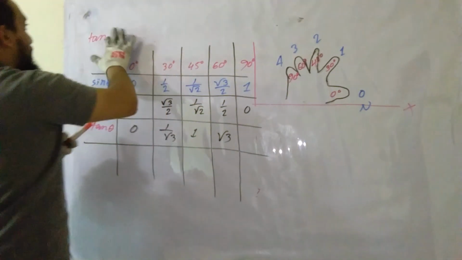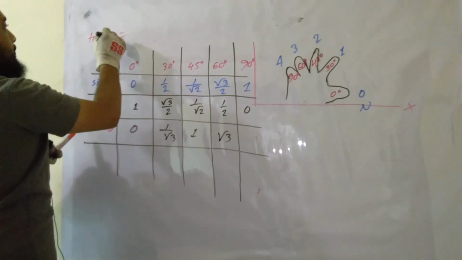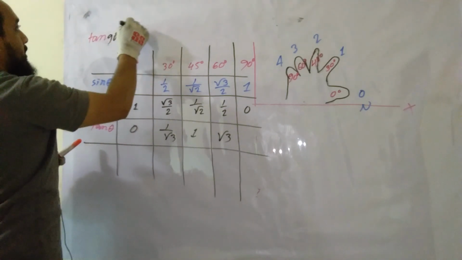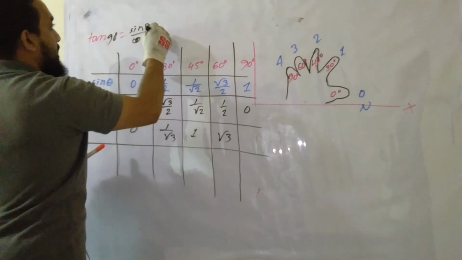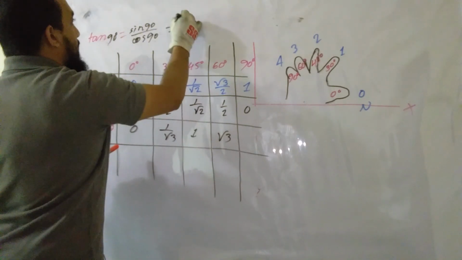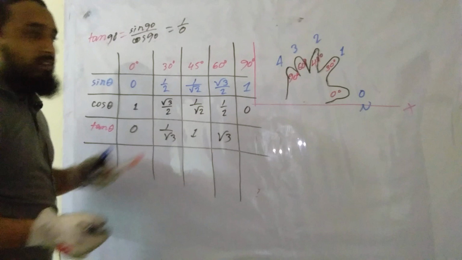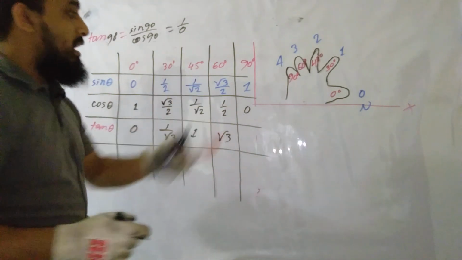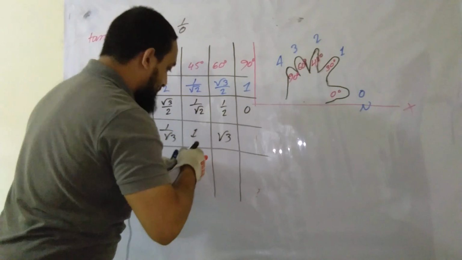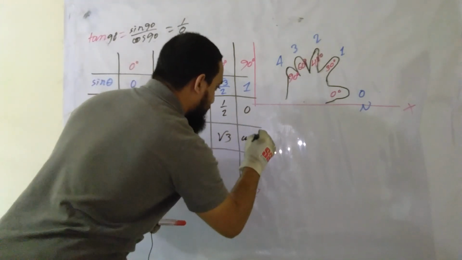Now the remaining one, 90. Sine 90 divided by cos 90 is equal to 1 divided by 0. Something divided by 0, this cannot be defined. This is undefined.